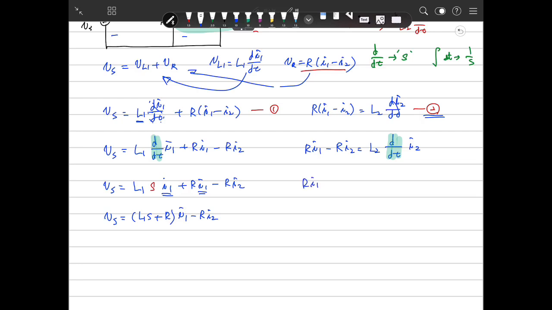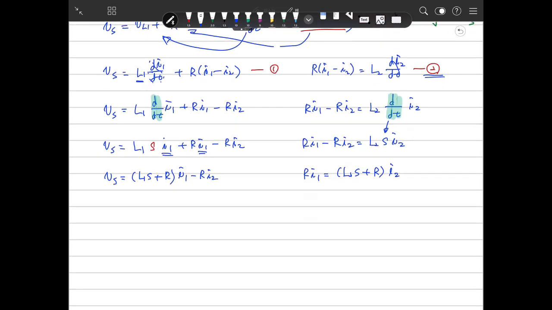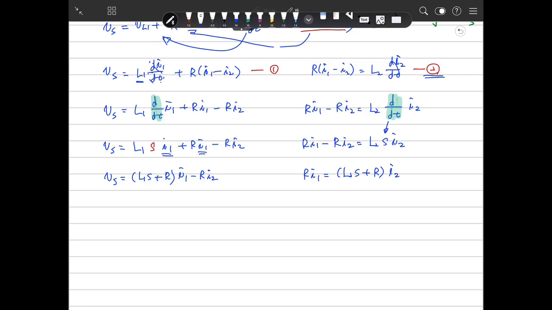So R I1 minus R I2 will be L2 s I2. So R I1 will be the same as (L2 s plus R) I2. So I1 will be the same as (1 plus L2 s over R) I2.